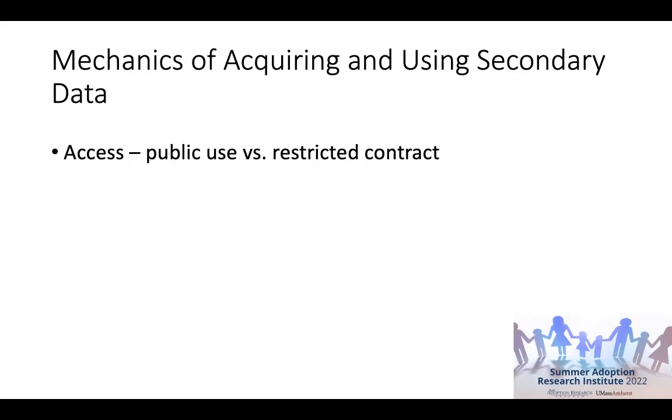At the other end, and there's kind of a whole spectrum of access, are restricted use contracts. So for example, the National Longitudinal Study of Adolescent to Adult Health, or the AdHealth study, I have been working with that at different times in my career, and it requires a contract written between my institution and the home institution for the data set, which is the University of North Carolina.